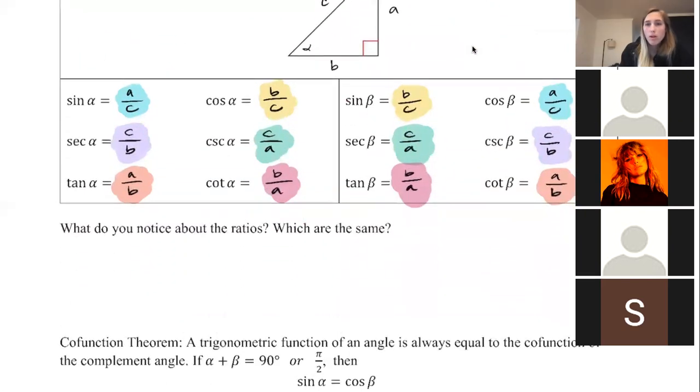So with the two different angles, we have some ratios that are the same, right? Each angle has a ratio that matches the other angle. So we're able to say that sine of alpha is equal to cosine of beta. Cosine of alpha is equal to sine of beta.